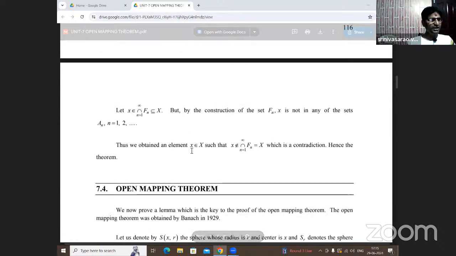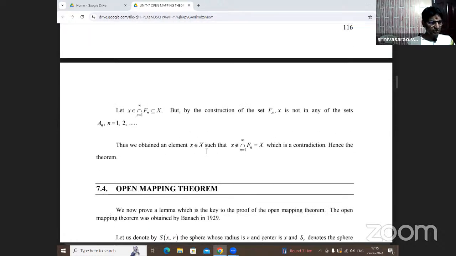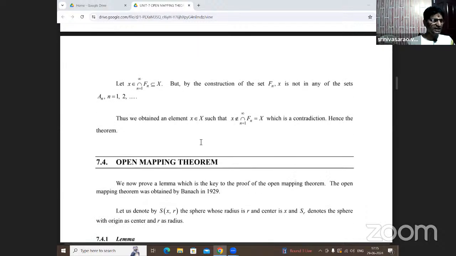So finally that element small x belongs to capital X, yet x is not in the union, which is equal to capital X. That is the contradiction: we assumed x belongs to X, but x is not in X.